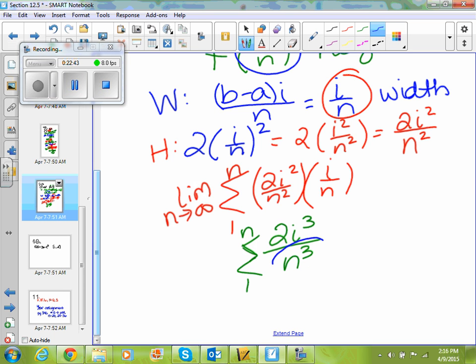And then I know that n cubed is just a constant, and 2 is just a constant, so I'm going to pull those out front. So this will be 2 over n cubed. So all that's left is I'm taking the sum of i cubed.